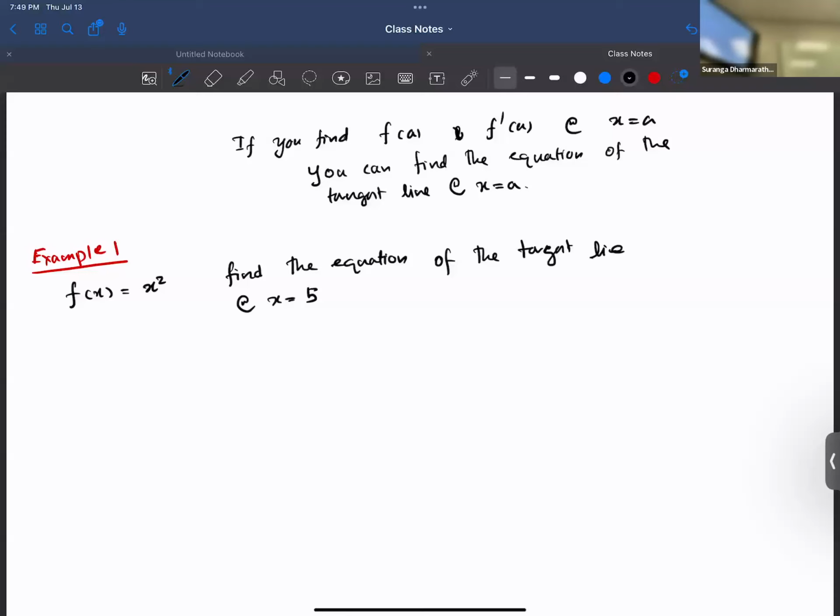Right? What is a in here? 5. Good. Let's find f prime a first. Because f of a is here, right? F of a is what? If you substitute value 5 to that function.